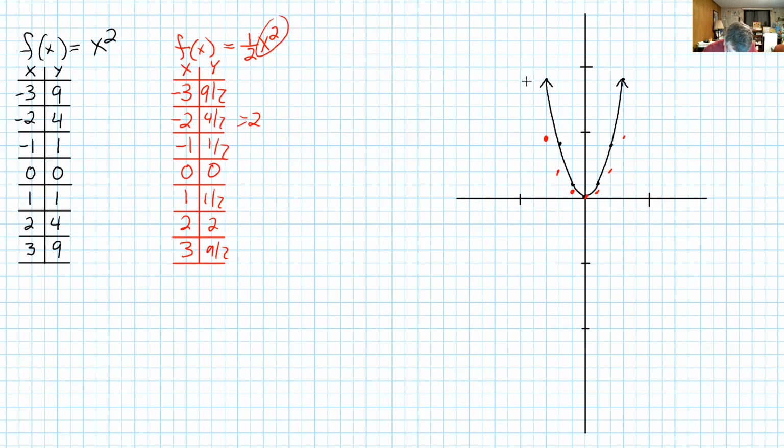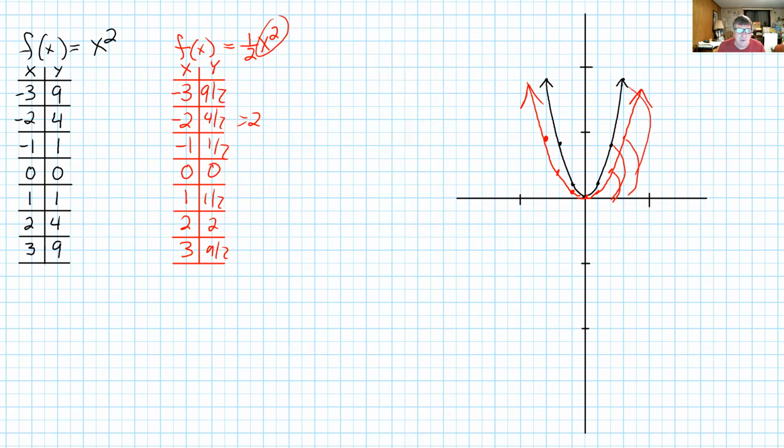So now our graph is going to open up wider, because for the same x, the y value is only half of what it was before. So this y value is only half of what it was before. This y value is only half of what it was before.